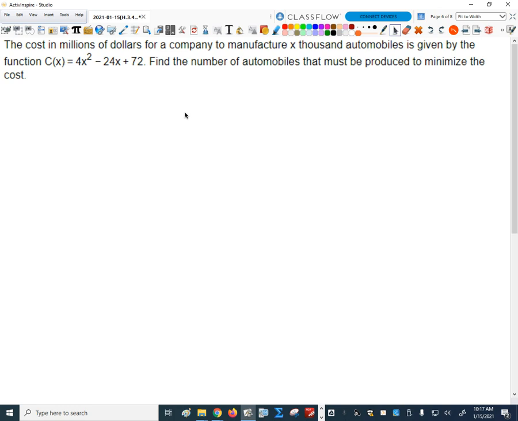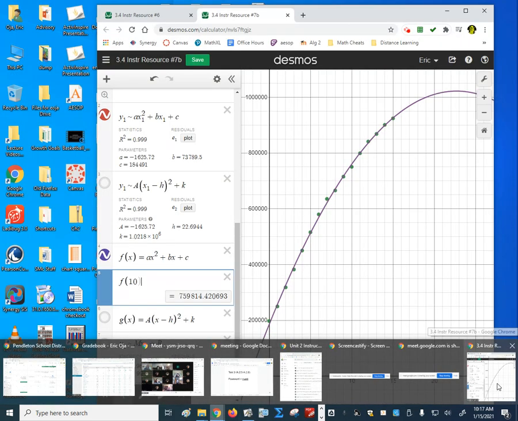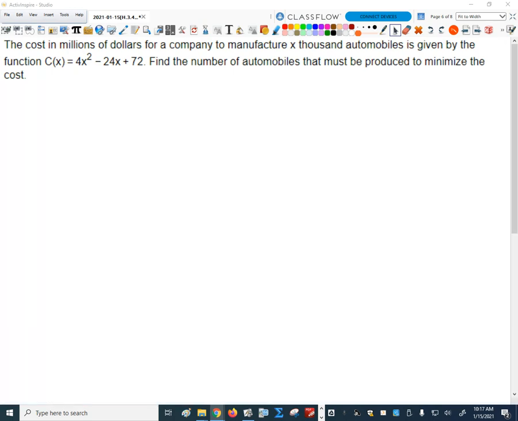Okay? Now, what would happen here if I were to graph this function? Let's look at this function in Desmos for a second.